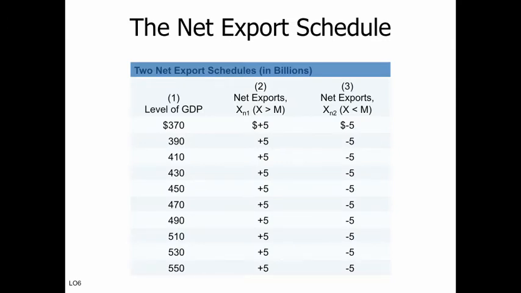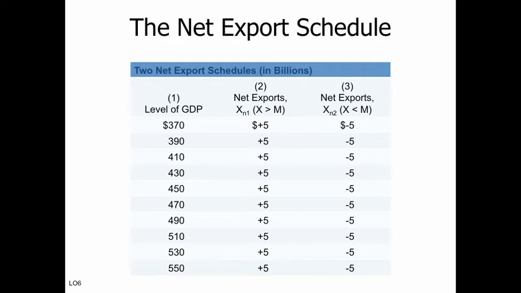So here we have the net export schedule, and it shows two different scenarios at different levels of GDP in column 1. In the second column we have a positive net export spending, where spending on exports exceeds spending on imports by $5 billion.